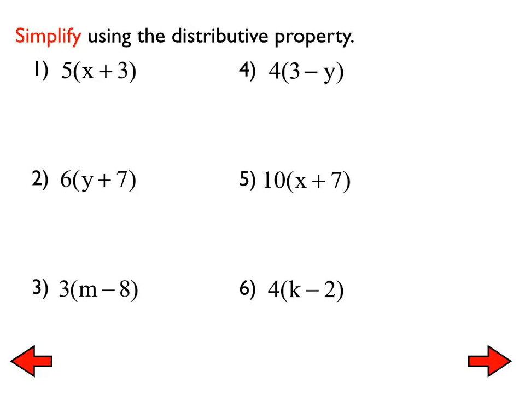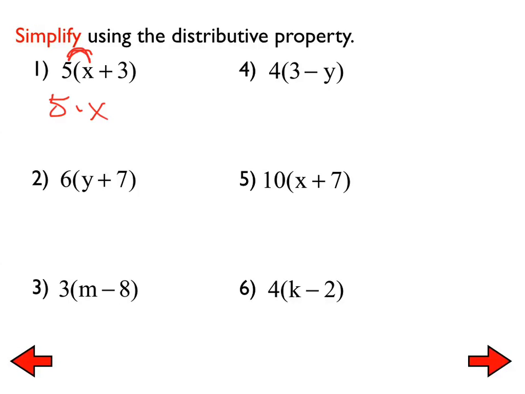All right, so let's do a little bit of practice here. Here is number 1. We're going to do the first couple together, and we'll learn how to read them correctly. And then we'll have you try some on your own. So the first thing we want to do here is we want to multiply the outside number times the very first part, the x there. So we have 5 times x, and make sure you take good notes here.